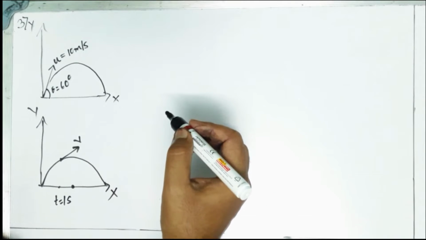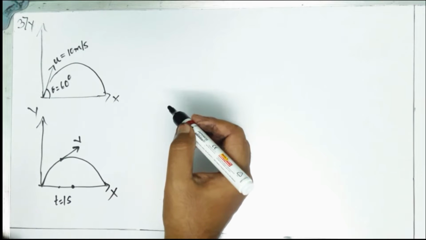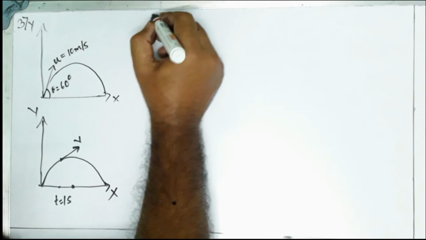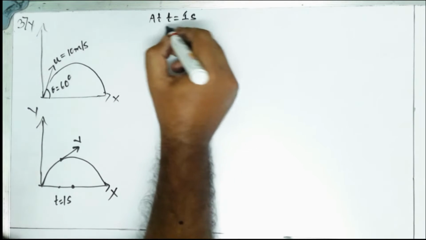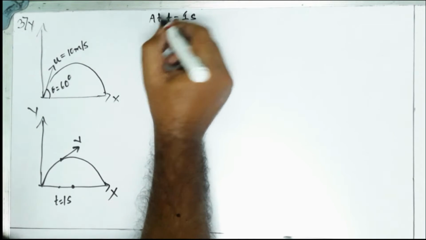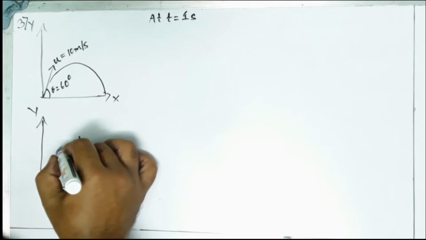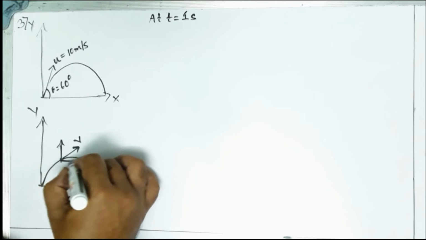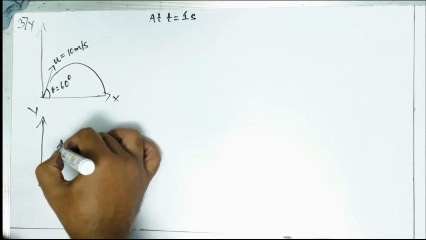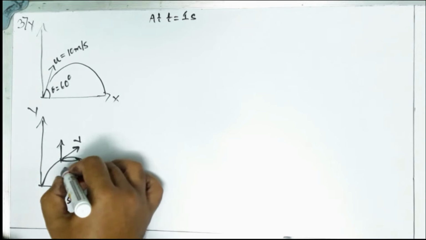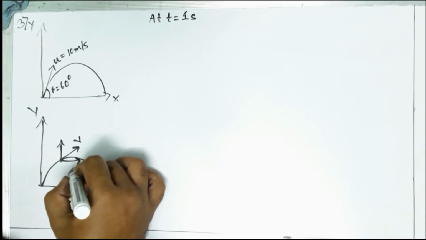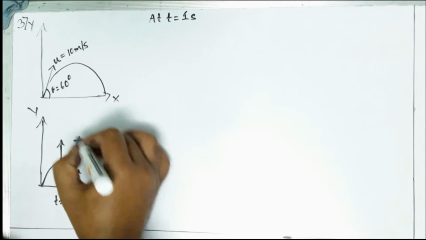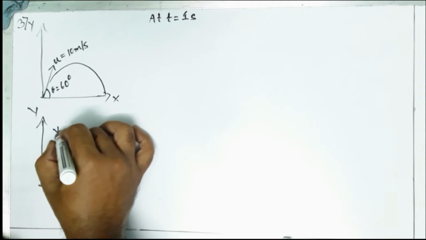So at t equal to 1 second, first we find the velocity. Let's say this velocity v we can divide into perpendicular directions, along horizontal and along vertical. The horizontal component is Vx and vertical component is Vy.